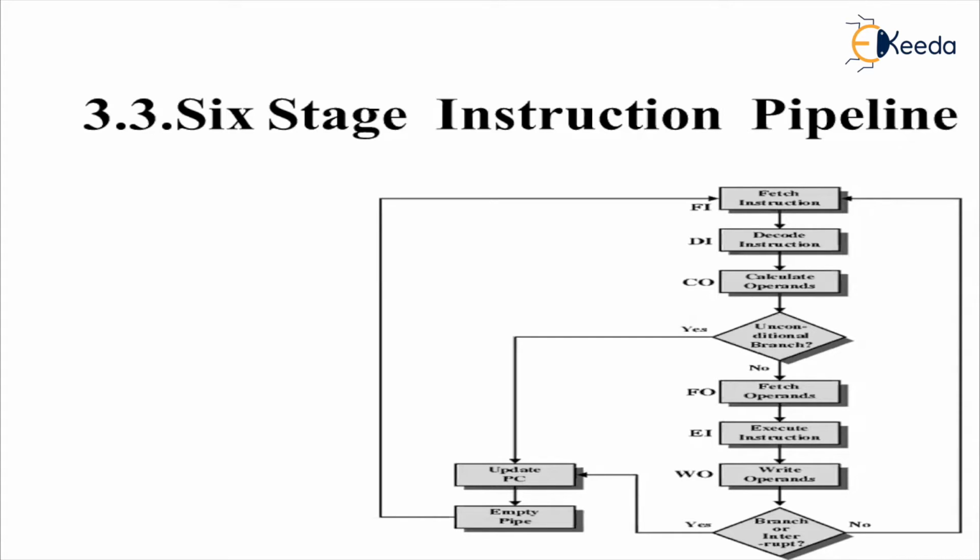If there is an interrupt, it will go to update PC, and from there it will empty the pipe and again go to fetching of the instruction. If there is no interrupt in the program, the instruction gets completed, and it will go to the top to fetch the instruction, decode, and the same operation gets repeated simultaneously in the form of a pipeline.